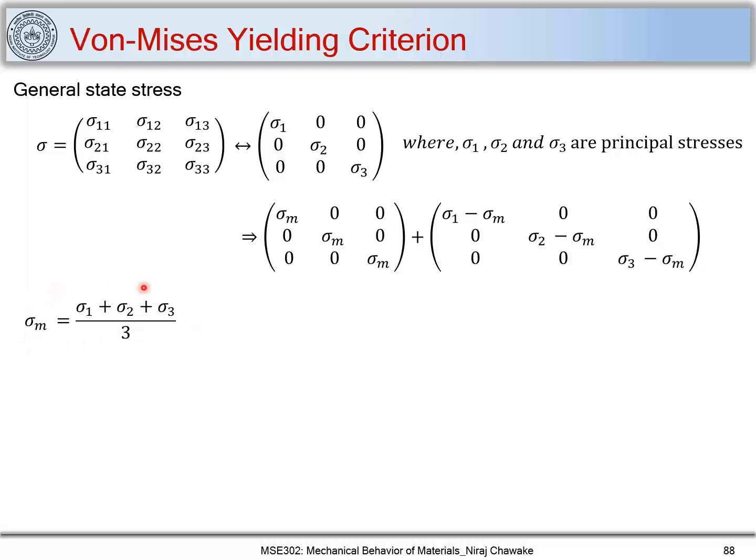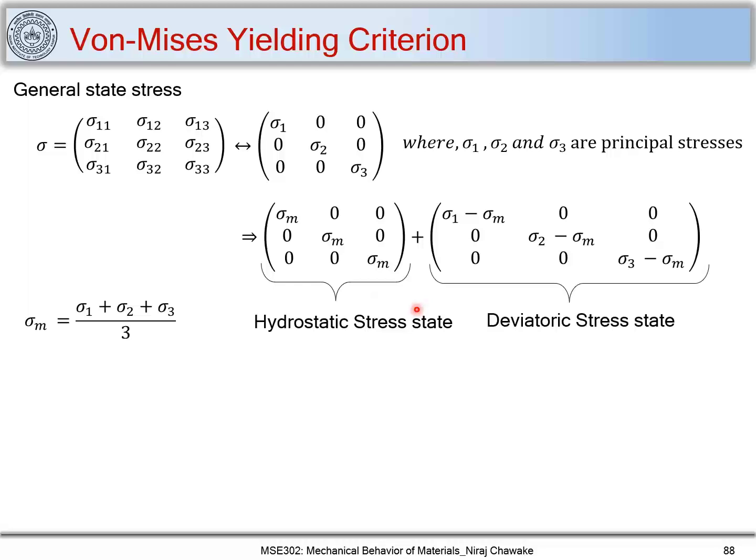Here I define sigma m as (sigma 1 plus sigma 2 plus sigma 3) upon 3. This is the mean stress which we have defined. So we have a hydrostatic stress state and a deviatoric stress state. The first rule which we have seen is that the hydrostatic stress state will not cause any plastic deformation, and the deviatoric stress state will only result in plastic deformation. This is what we have seen.